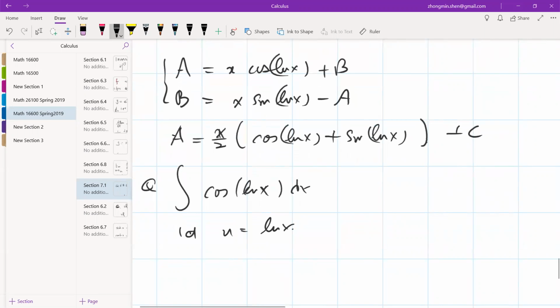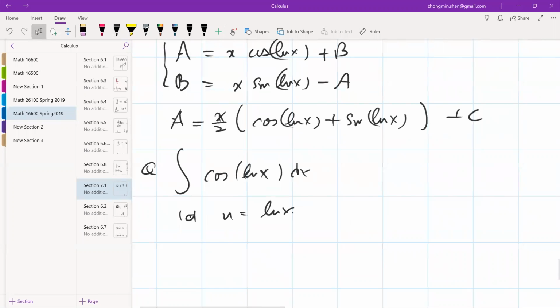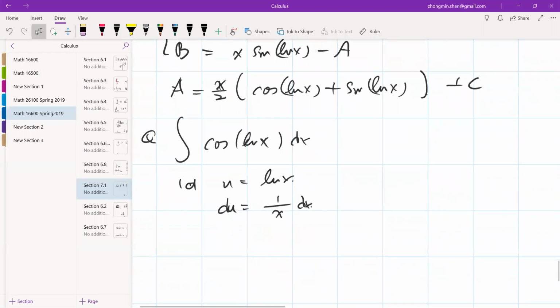So what is du? du is 1 over x dx. So dx is going to be x times du. But how can I express x? That is going to be exponential, because this is the same as x equals e to the u, right?